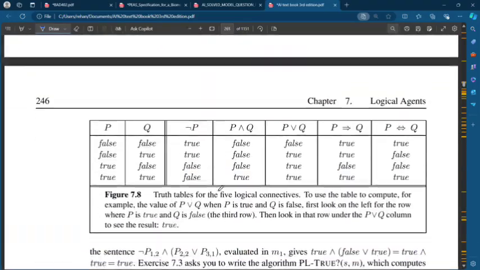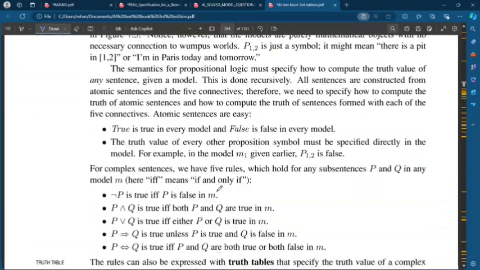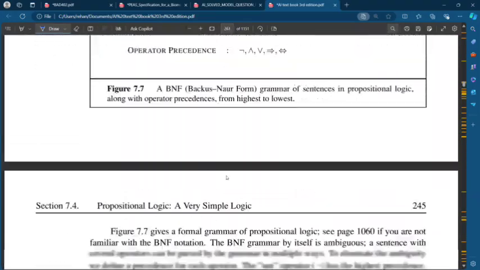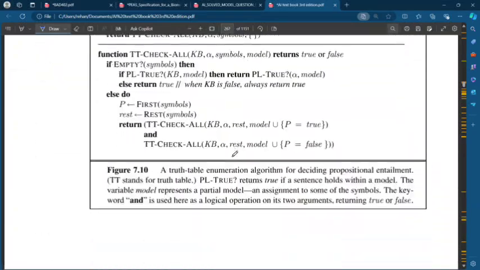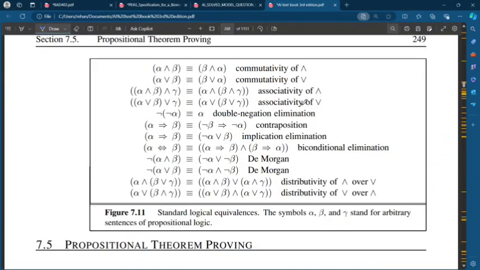Yeah, wait, just a moment. You can just double tap and skip. Yeah, got it. See here. Highlight, highlight. Implication elimination.